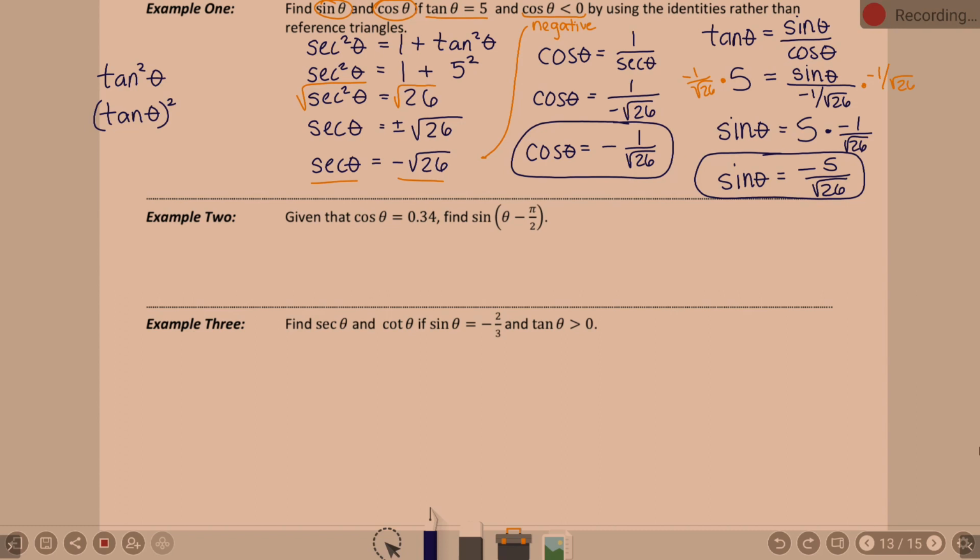I was working on my new answer key last night and realized that I'd made a typo. So I went through this morning and whited out and rewrote. Okay. Thoughts? We're given cosine, and we're trying to find sine of theta minus pi over 2.